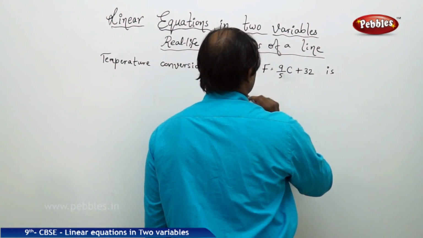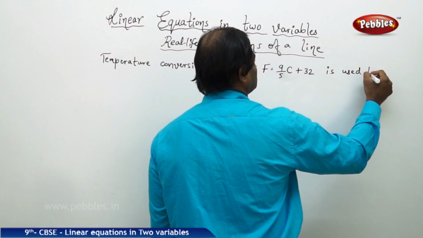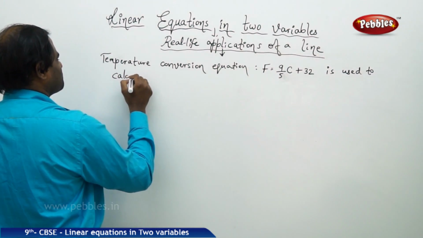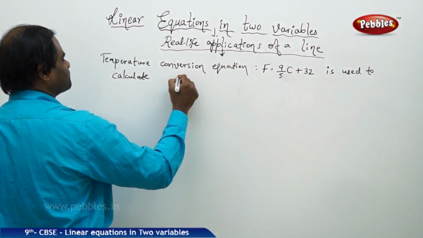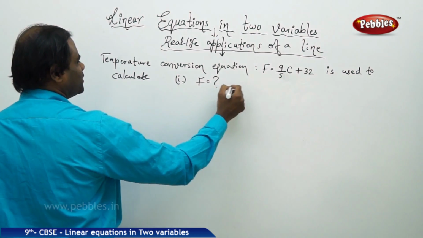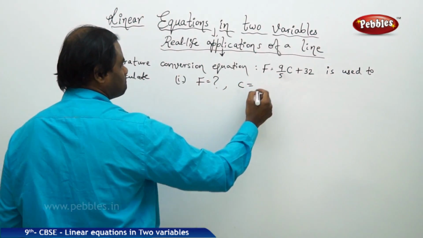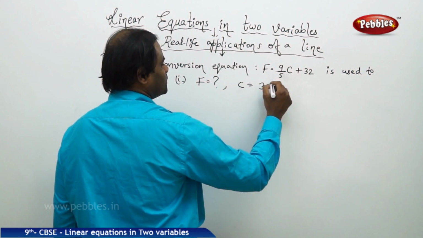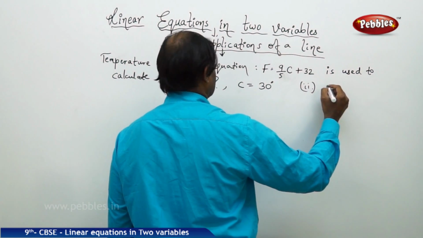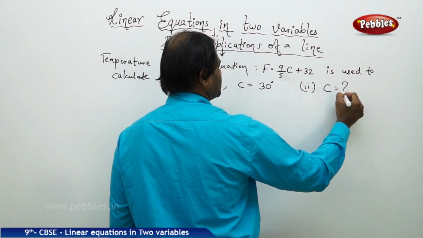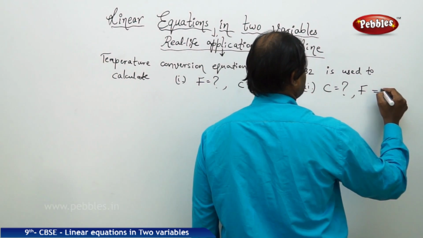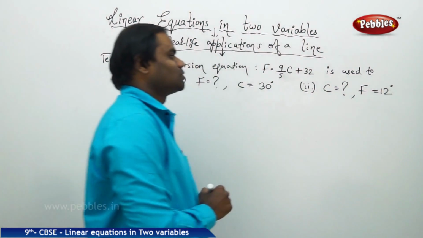So this temperature conversion equation, F equal to this, is used to calculate initially the Fahrenheit when C is 30 degrees, and secondly the centigrade when the Fahrenheit is 12 degrees.